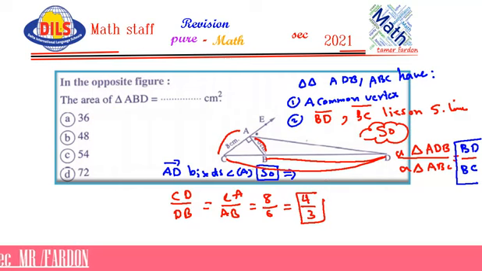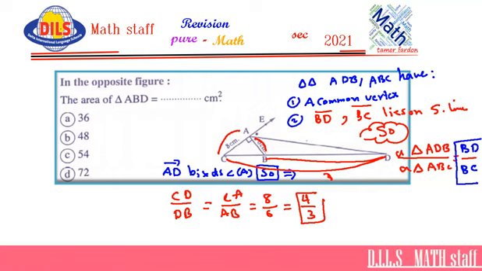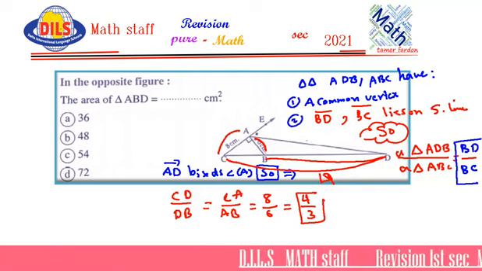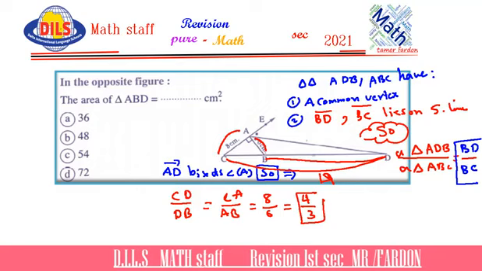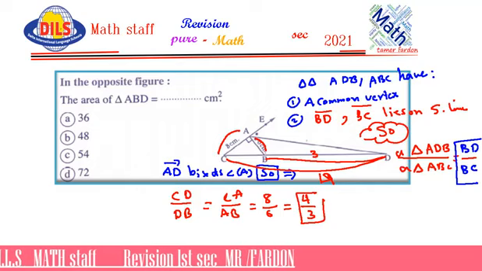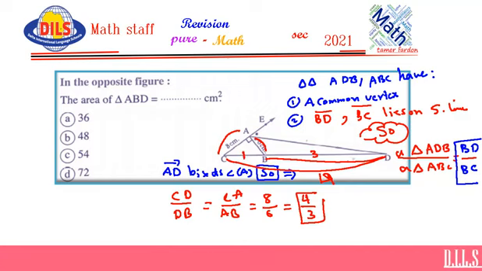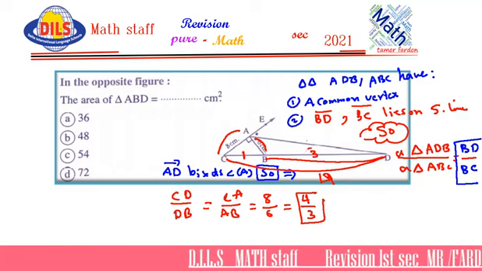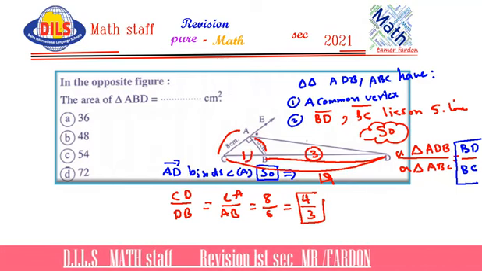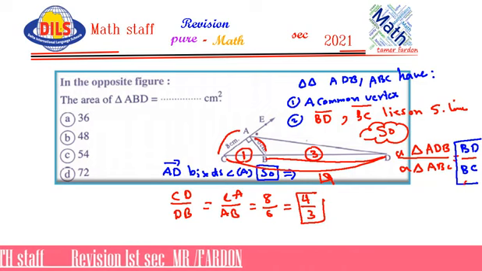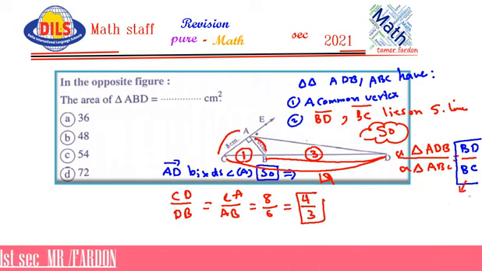So CD takes ratio 4 and DB takes ratio 3, so BC is 1. So the ratio between BD to DC is 3 to 1.